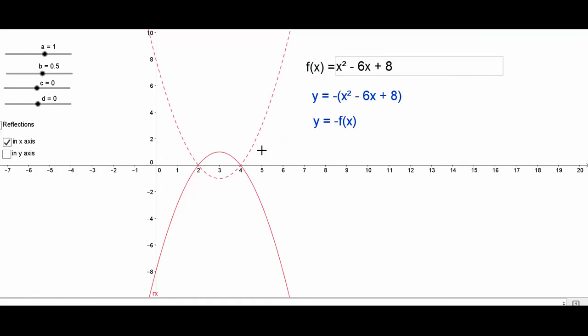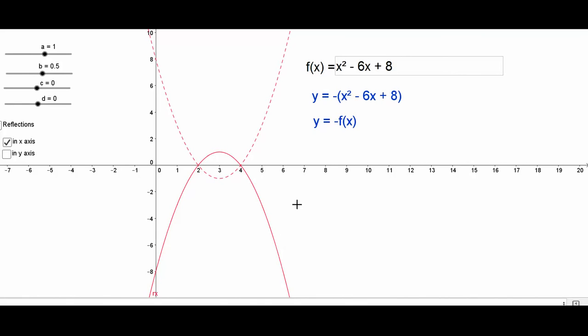What is happening here, of course, is every y value is transferred to a point with the negative y value. So the point there goes down here. The point here goes down here.